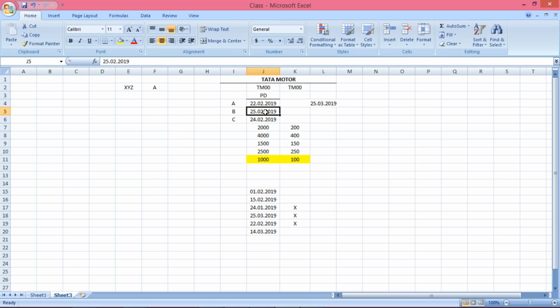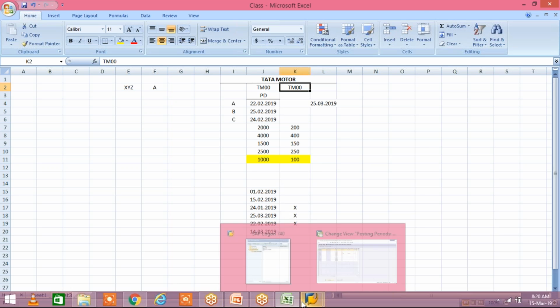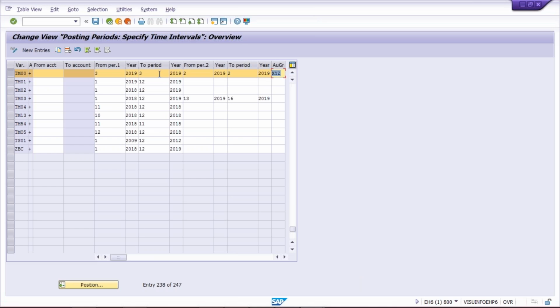Right? So whenever these people are going to post these transactions, once again the system is going to find out all those things, like which company code: TM00, it's okay. Which posting period variant against TM00: we have TM00 itself as the posting period variant. Against this TM00, once again the third period is open, so it cannot be posted.